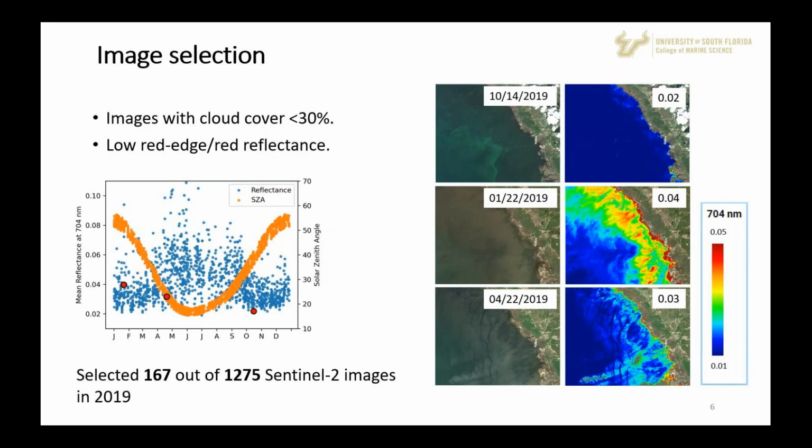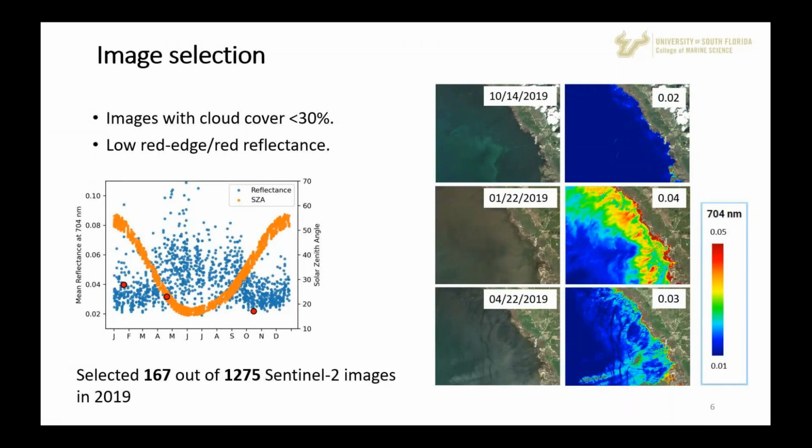So images with lower red reflectance values and higher sun zenith angles are best for the seagrass mapping because we can see the water is more clear. So usually the high reflectance values at 704 nanometers are associated to suspended sediments, clouds, also sun glint in water surface.